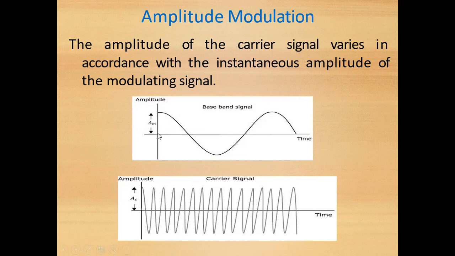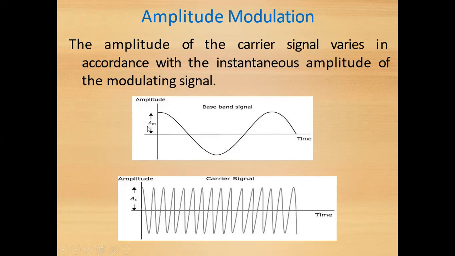If you observe here, at 0, the amplitude is 1. So I can say that it is a cosine signal where cos 0 equals 1. So I'm taking the input signal as a low frequency cosine signal and the carrier signal as a high frequency cosine signal.